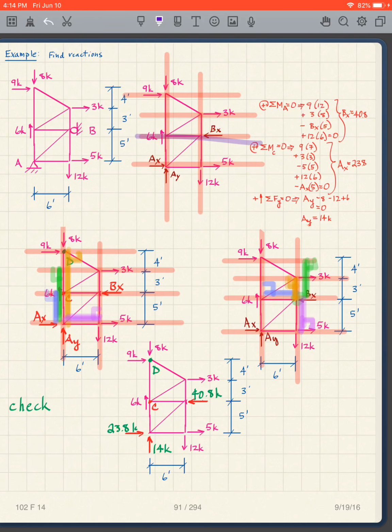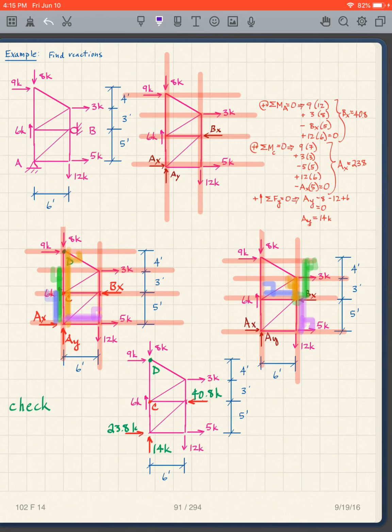And the BX times this distance, which is 5, goes negative. And we have the 12 times that distance, which is 6. So then we can get BX is 40.8.